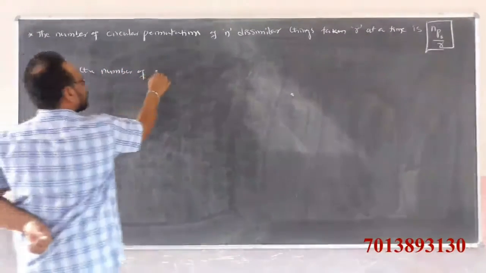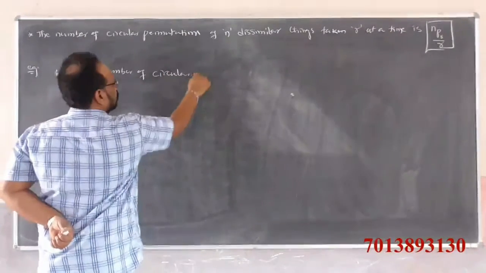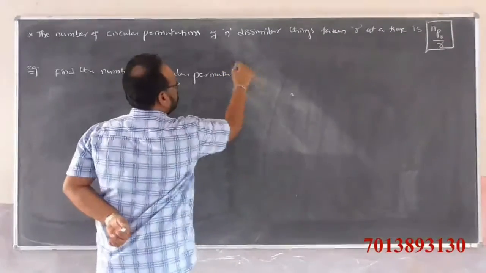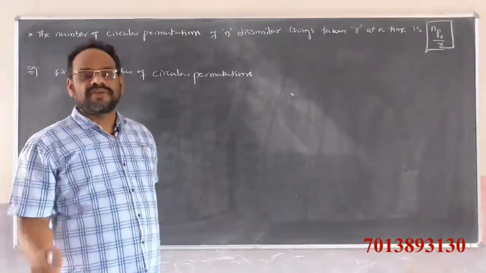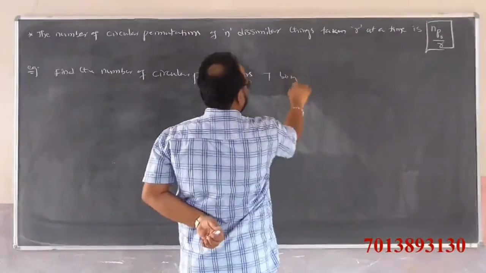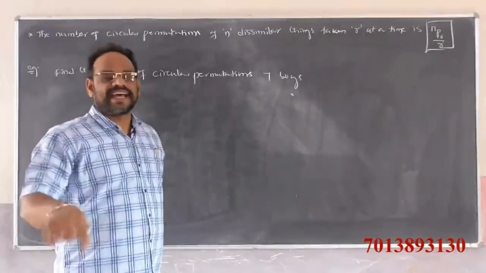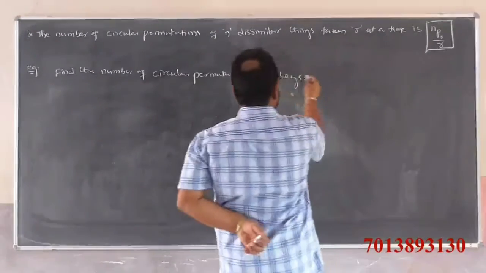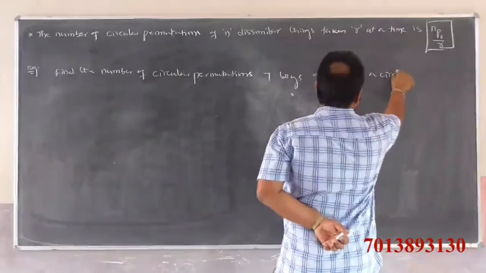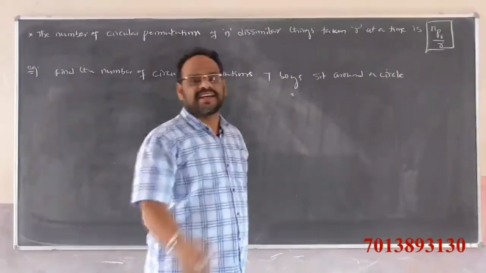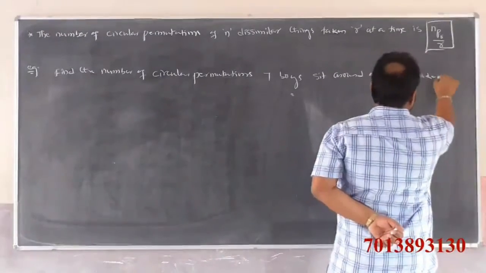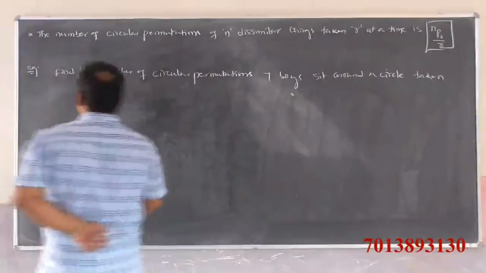Find the number of circular permutations of 10 boys, or take 7 boys, sitting around a circle, taken 5 at a time.